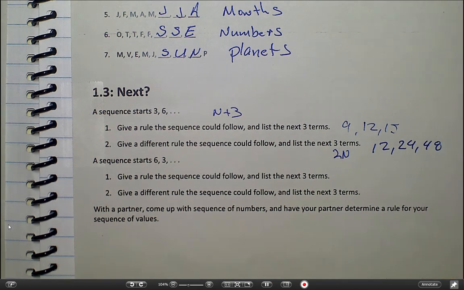There we go. Very good. Okay, good job. Now this next one, it's going down. So I want you guys thinking about this. It says give the rule the sequence could follow and list the next 3 terms for that one.